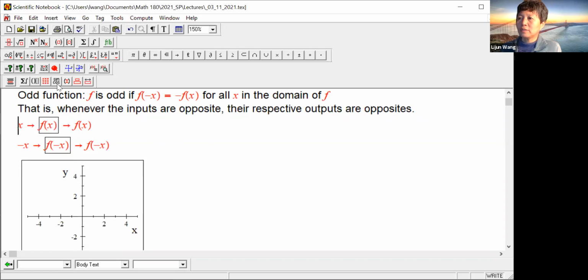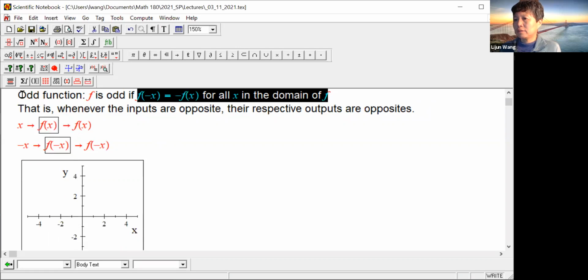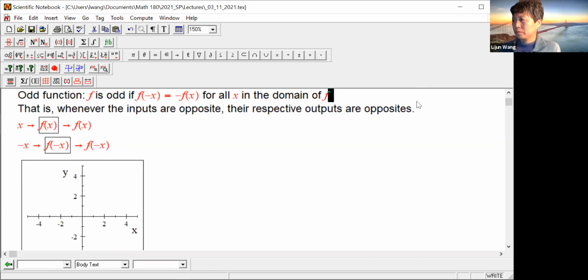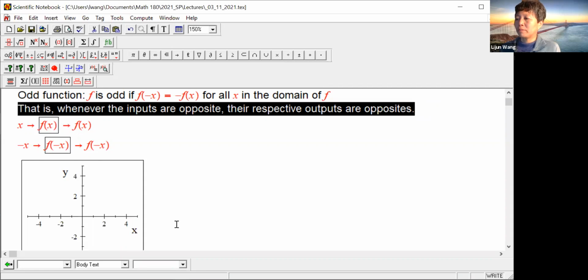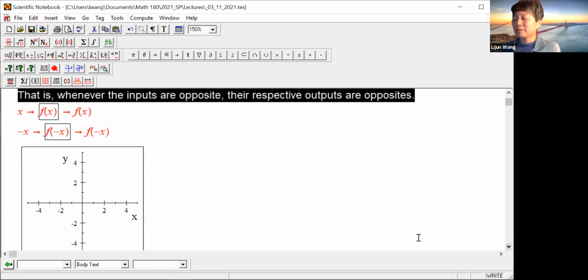So this is the mathematical way of saying that, and these are the words. So from what we have recognized, I want you to draw 2 points on this blank space.